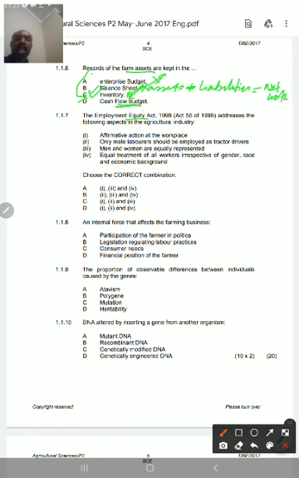Employment Equity Act. Equity means equal. So it addresses affirmative action in the workplace. I agree with this one. It should, because affirmative action tries to make the playing grounds level for everyone. For instance, in the old South Africa, you know that there was a group like my color that was disadvantaged.